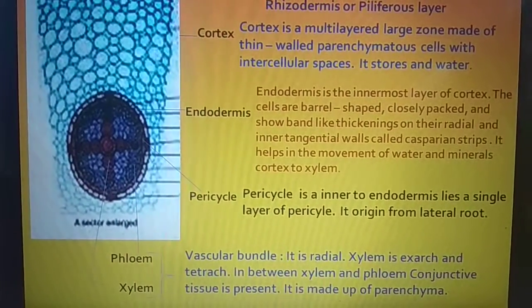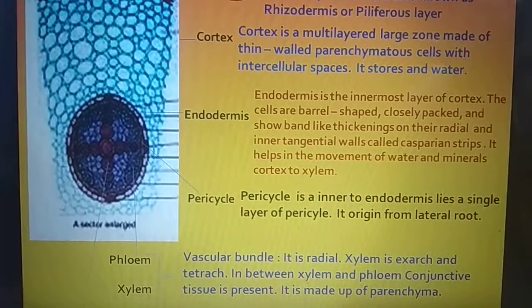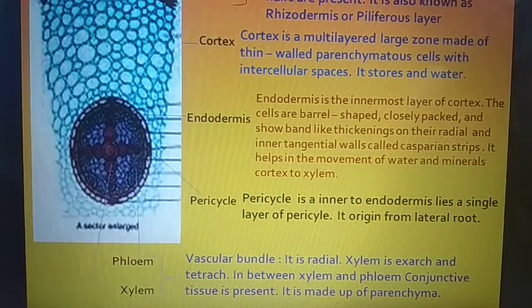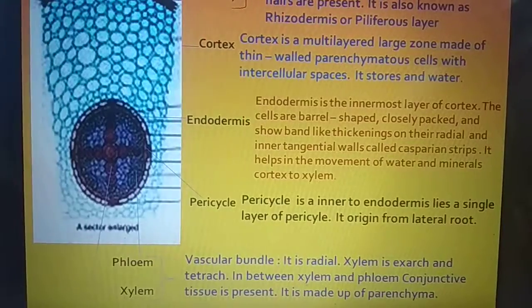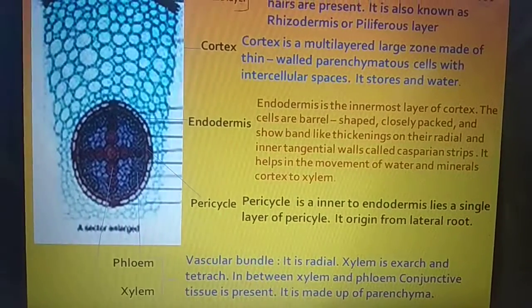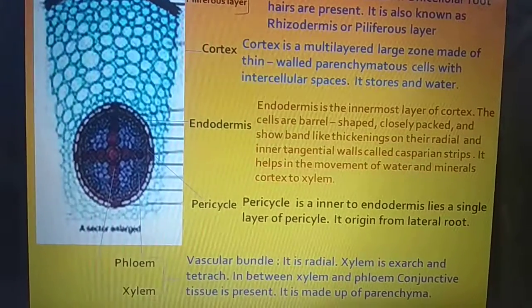It is radial. Xylem is endarch and tetrarch. In between the xylem and phloem, conjunctive tissue is present. It is made up of parenchyma cells. Already I told you, the vascular tissues with pericycle are together called stele.